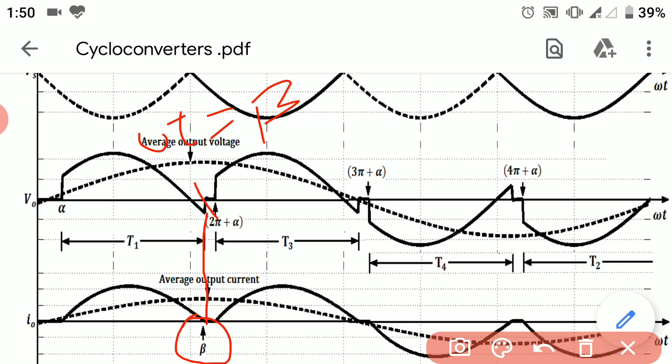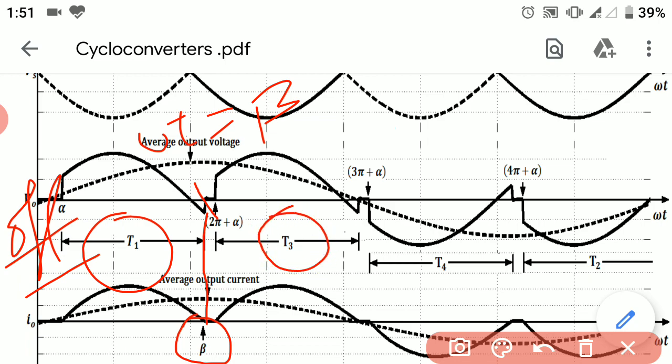So there is a delay in the turn off of thyristor T1. Now T1 is turned off, but the next thyristor, which has to be turned on at omega t equals beta, has not yet turned on. This T3 is yet in non-conductive mode, still off.